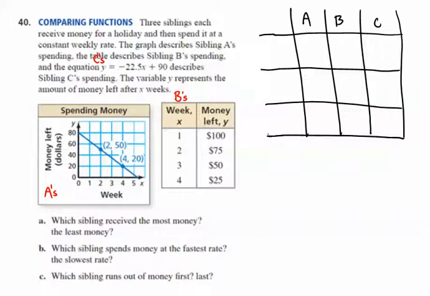One row will answer the first question, how much do they have starting? So let's say, how much did they receive?